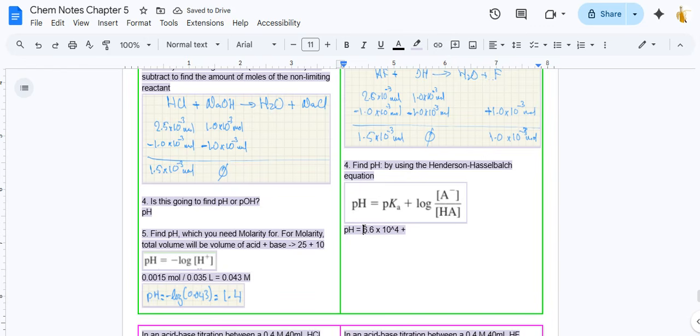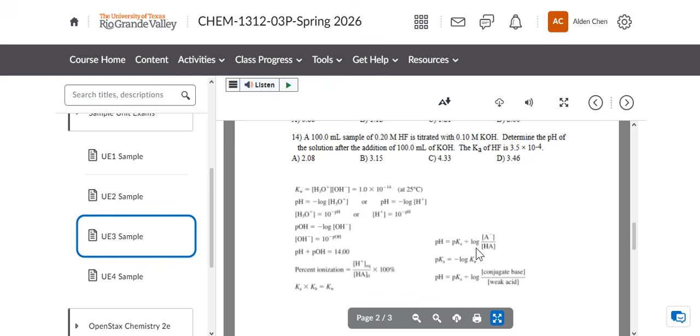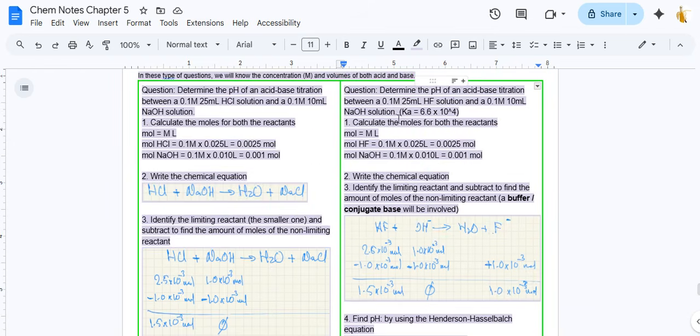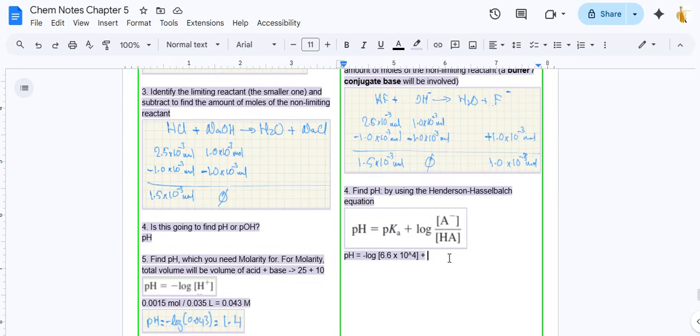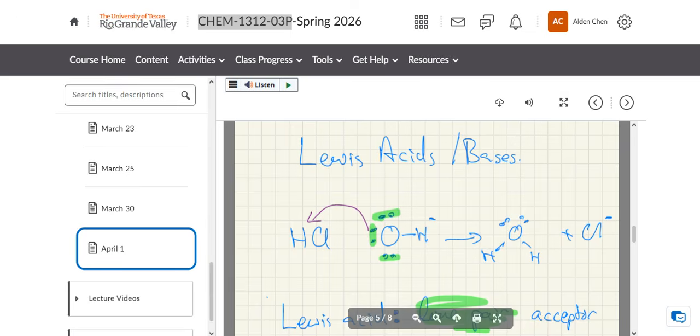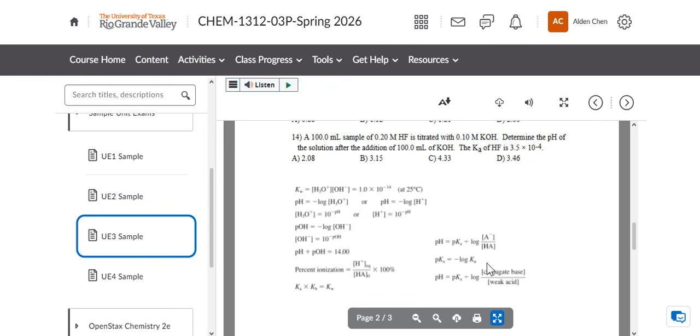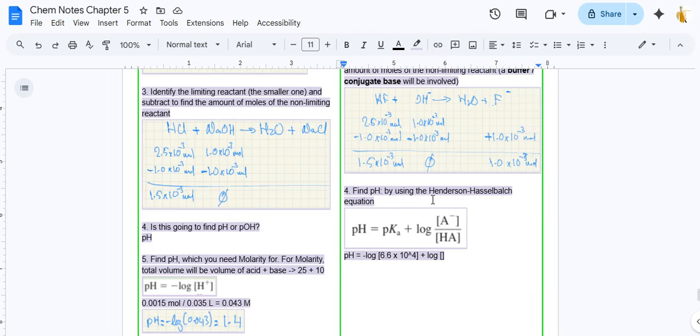wait, pKa, so it's the negative log of that. I think it's also written here. pKa is the negative log of Ka, plus the log of the conjugate base over the weak acid.